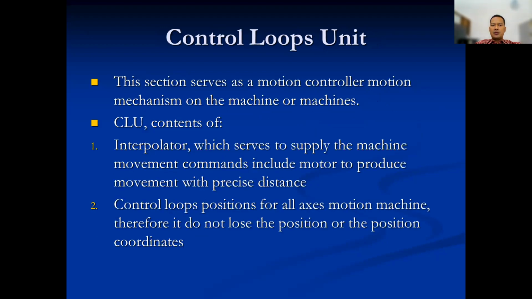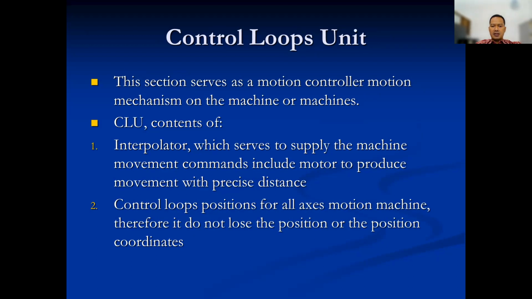And then the CLU, control loops unit. This section serves as the motion control mechanism on the CNC machine. The CLU contains an interpolator, which supplies the machine movement command, including the motor, to produce movement with precise distance.